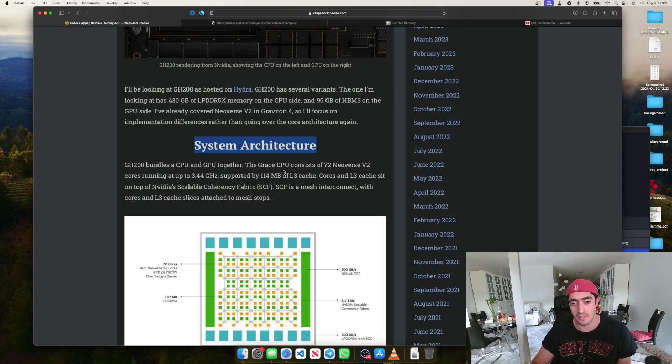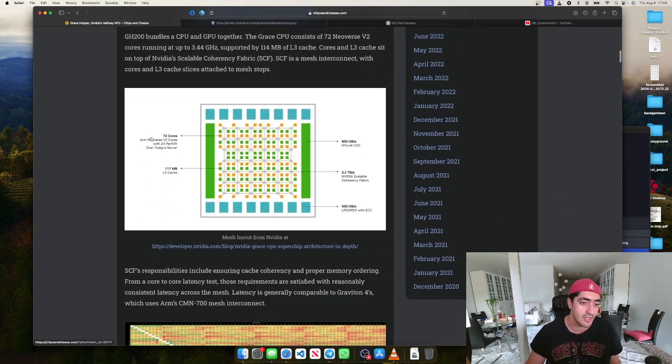The Grace CPU consists of 72 Neoverse V2 cores running at up to 3.44 GHz, supported by 114 megabytes of L3 cache. Cores and L3 cache sit on top of Nvidia's Scalable Coherency Fabric. SCF is a mesh interconnect with cores and L3 cache slices attached to mesh stops.